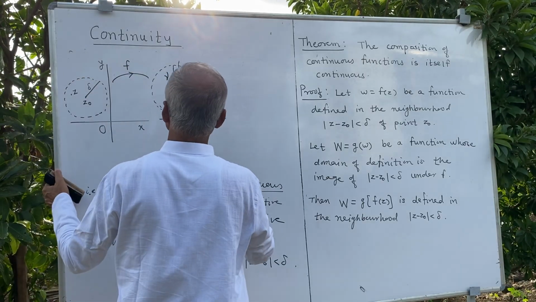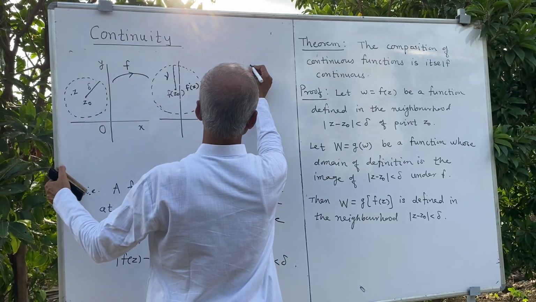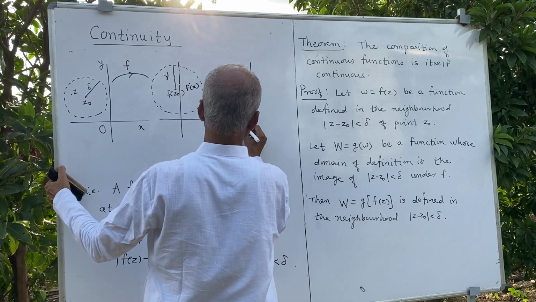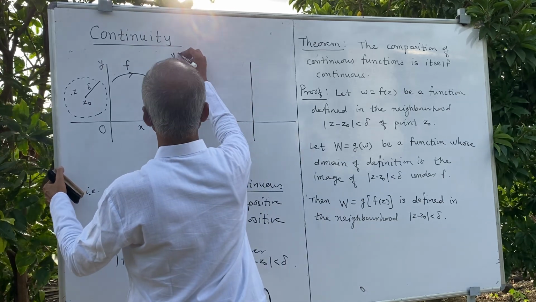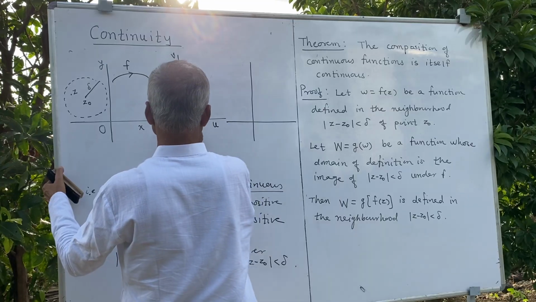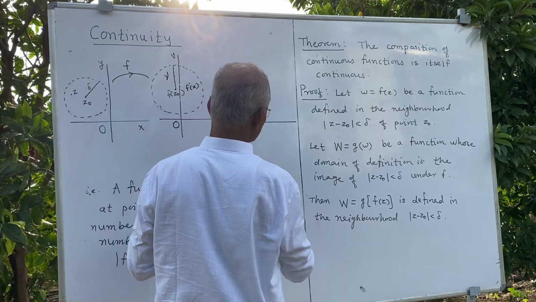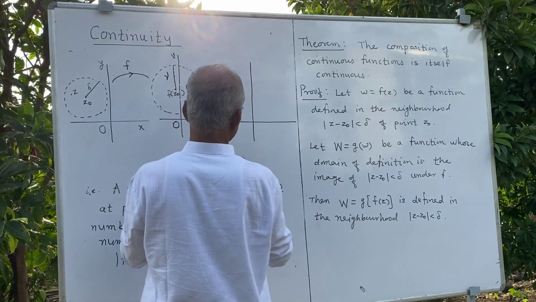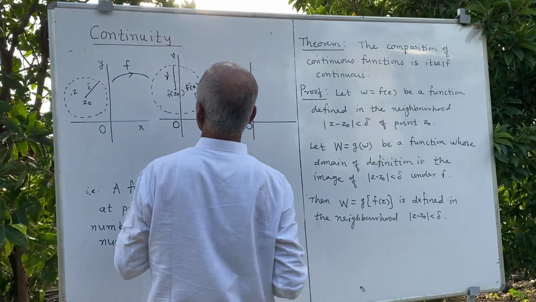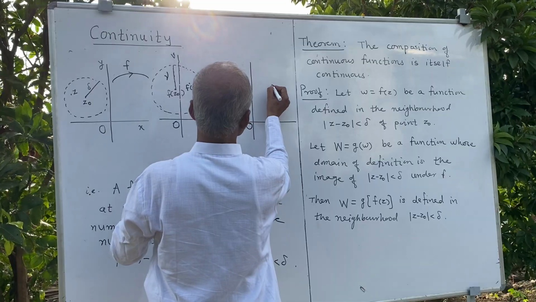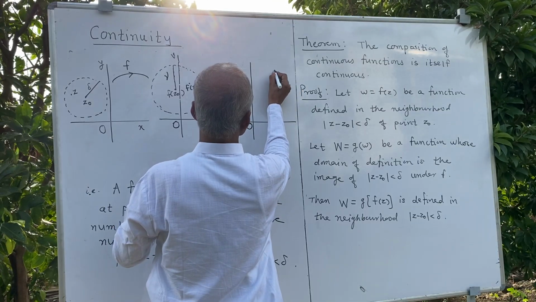And again we have to consider the function g. This is the w plane, the capital W plane, and its neighborhood can be considered like this.